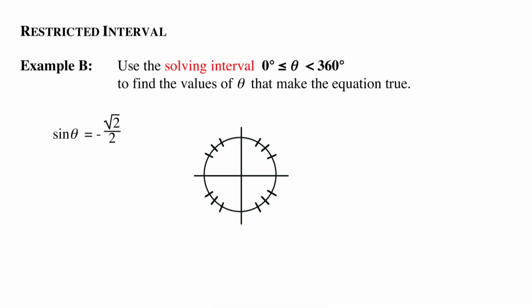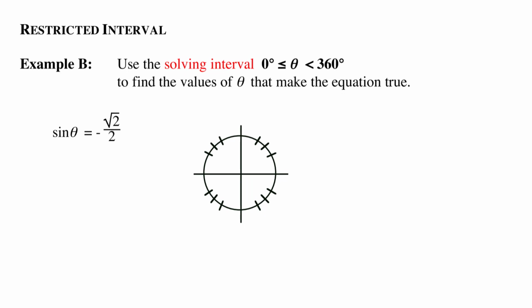Now let's look at an example that has a restricted interval, and you can see here from 0 degrees to 360 degrees. Really, that's one full unit circle, and I call this the solving interval. So we're trying to find values of theta where sine of theta is negative square root of 2 over 2. That means that we're either in quadrant 3 or 4 for sine to be negative.